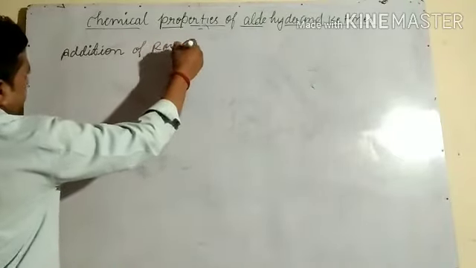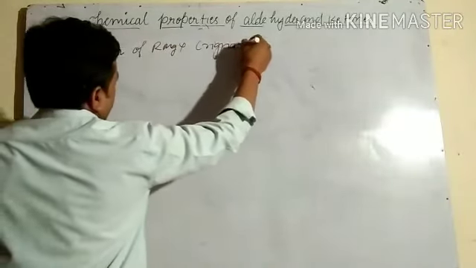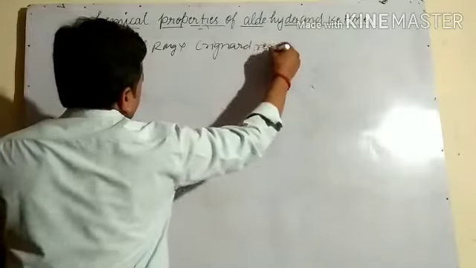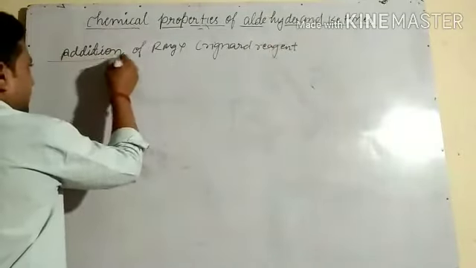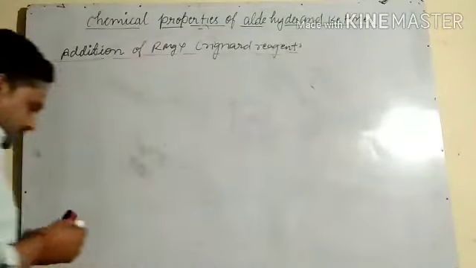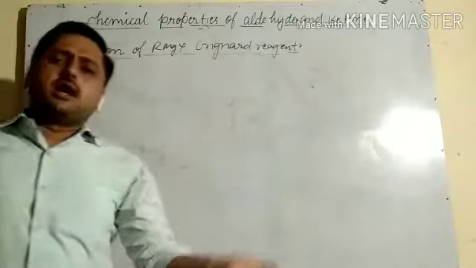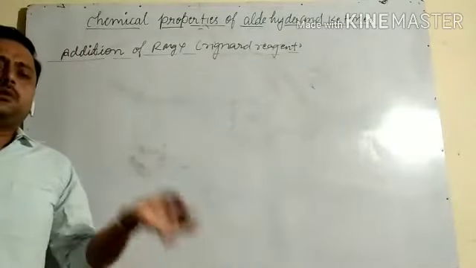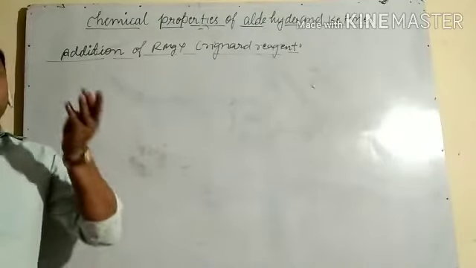So what is addition of RMgX? What we said, Grignard reagent. Addition of Grignard reagent to aldehyde and ketones followed by hydrolysis gives primary, secondary and tertiary alcohol.